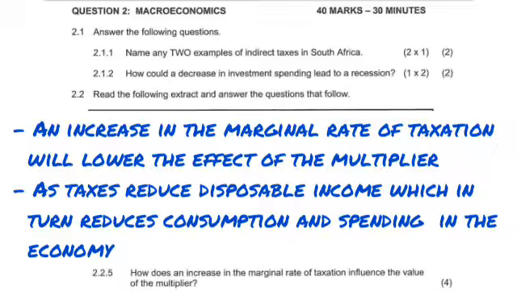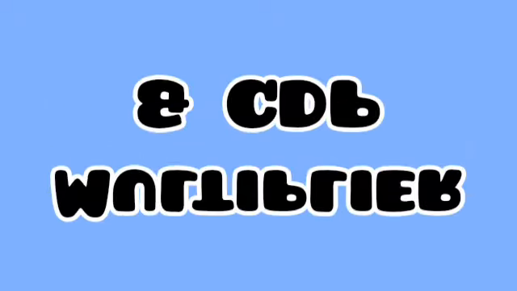I don't have enough income to dispose. Disposable income basically means the income that I can use to buy things. So now that income is not there anymore, or it's been reduced because the tax rate has increased. That's what we mean by an increase in a marginal rate of taxation. Because it has increased, my income that I can dispose is lower, and if it's lower, I'm spending less.